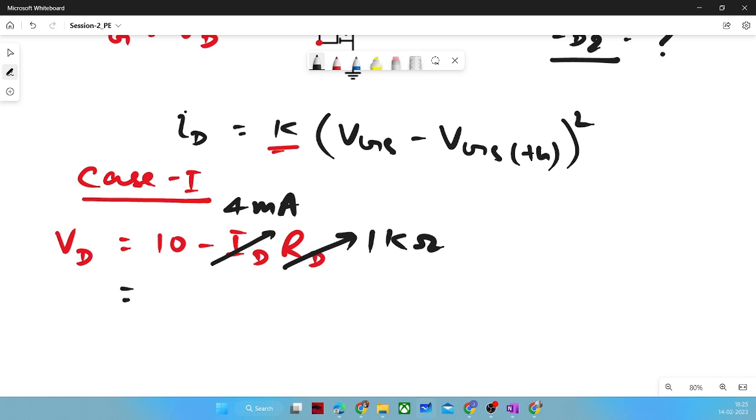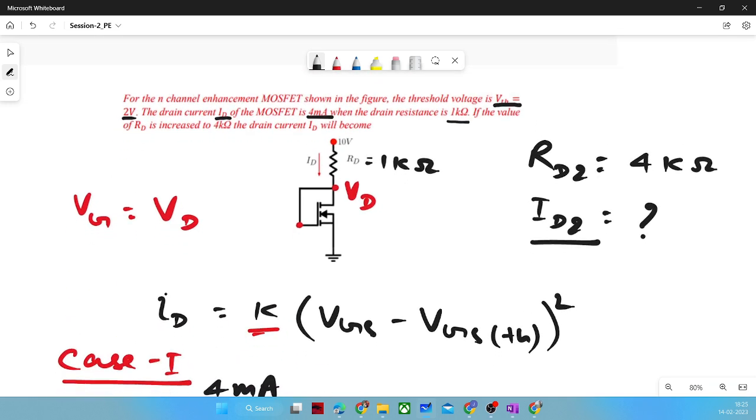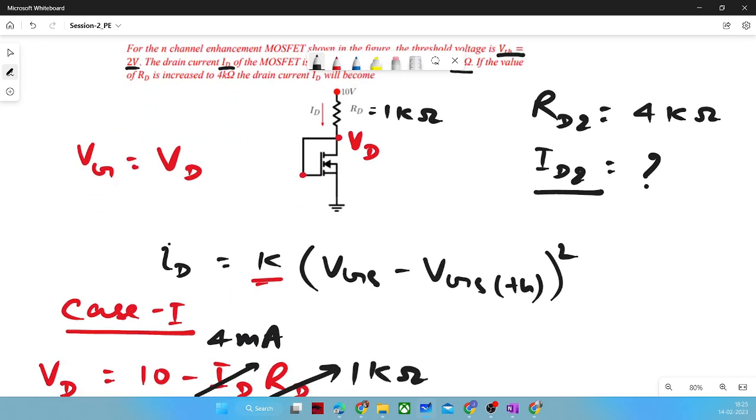So VD would come out to be 6 volt. And it is shorted with VG, so the same value will be there. So VD is equal to VG for the first case, and the source is anyway connected to ground.